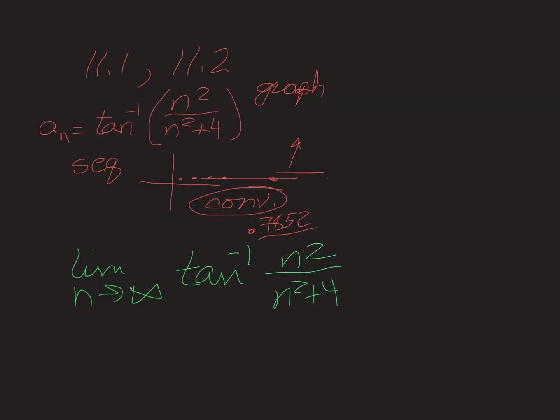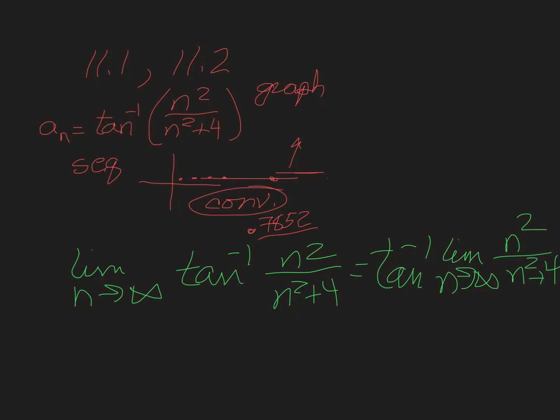Now this is a function of a function, so we could say it's the inverse tangent of the limit as n goes to infinity of n squared over n squared plus 4.